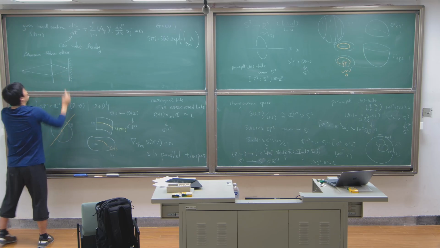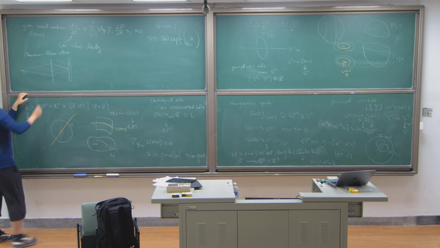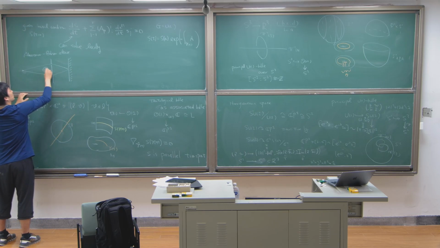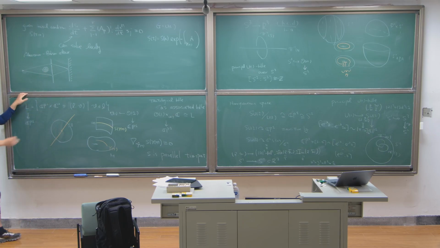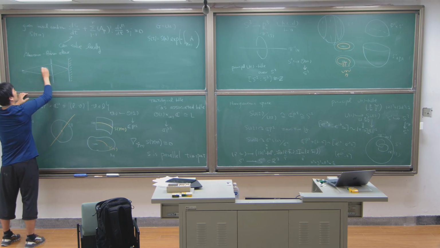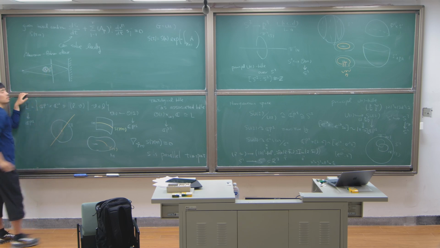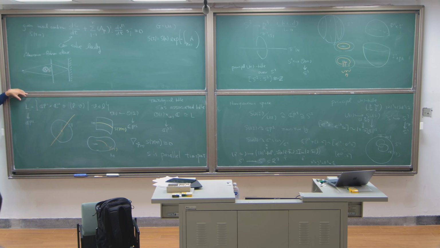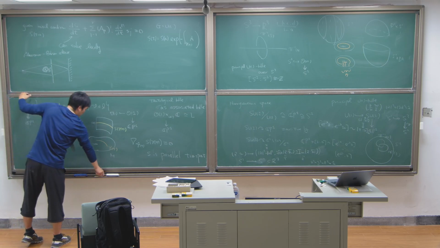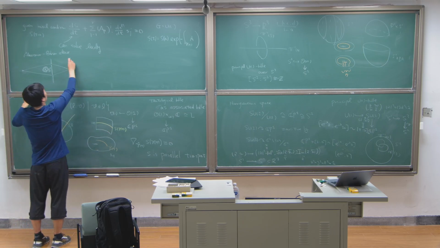Okay. And then put some flux in, let's write down like this, a B field. So magnetic field like this way. And then you can see some interference pattern on the wall, like this.